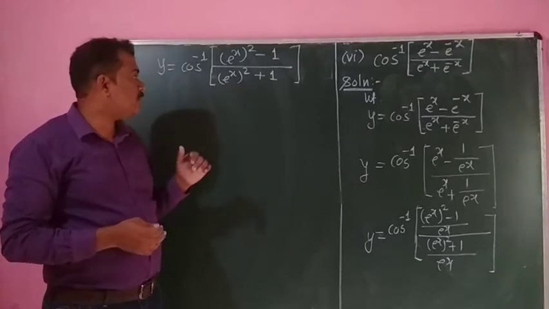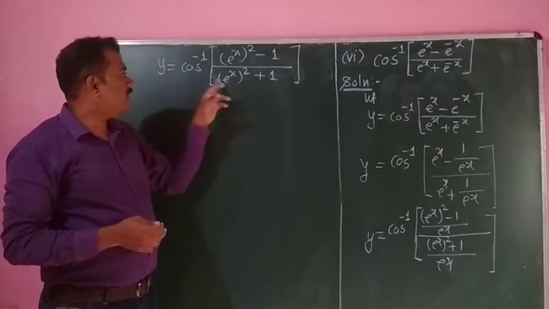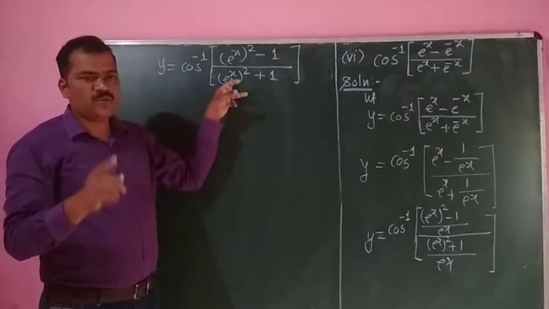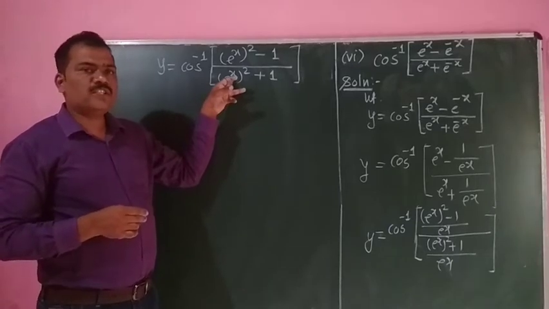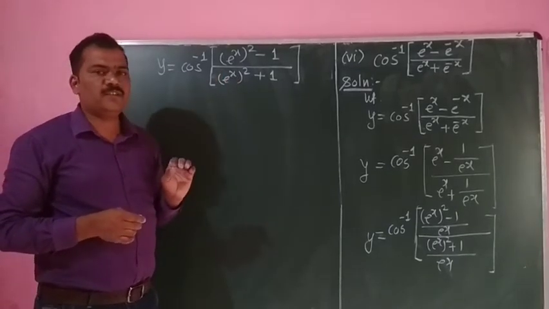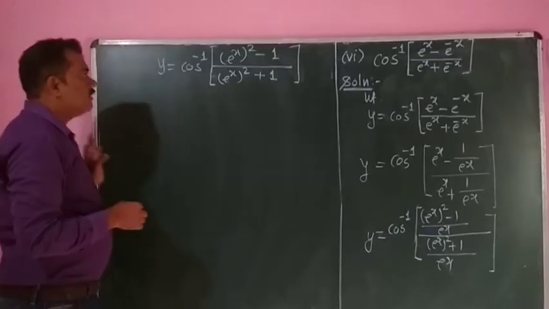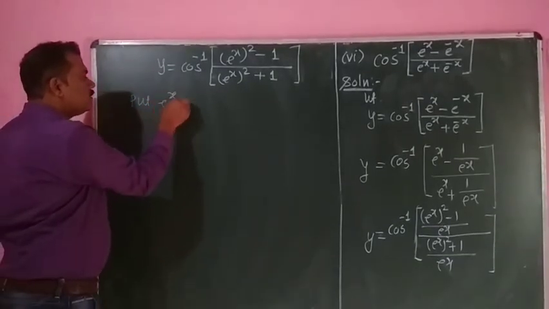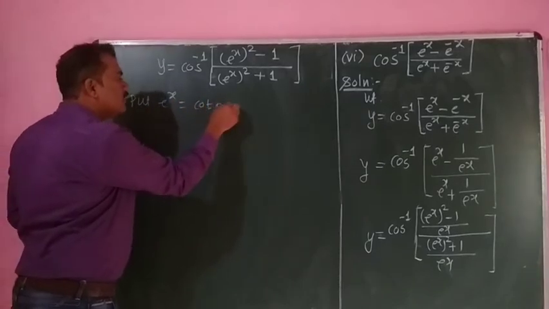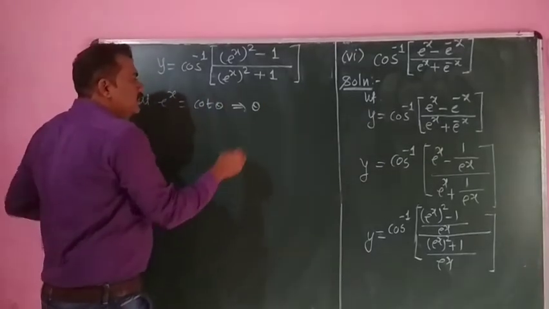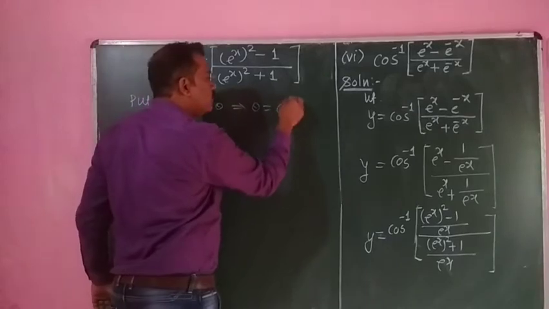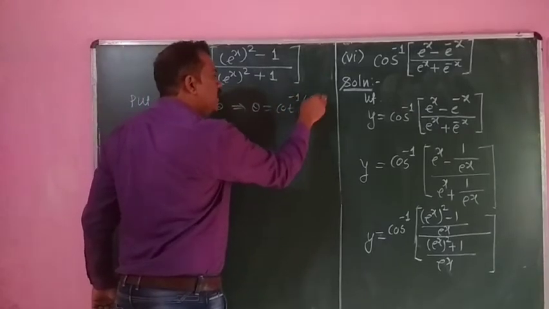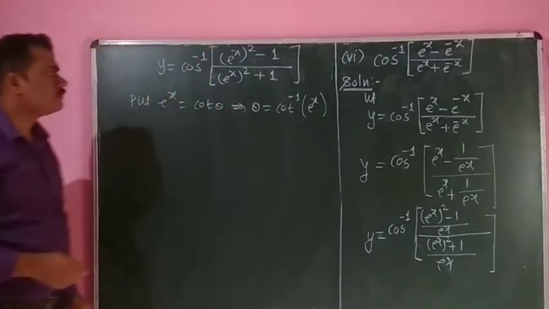But if we substitute cot, 1 plus cot square theta is cosec square theta, and we can divide by cosec square theta in the numerator. So we put e^x equals cot theta. This implies theta equals cot inverse of e^x.